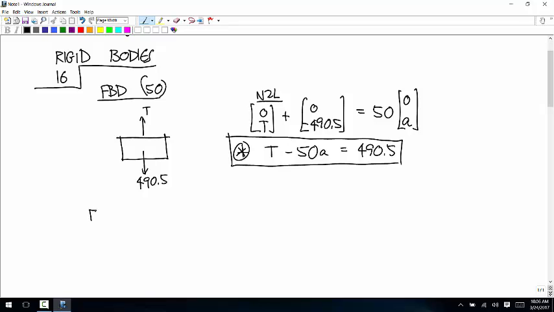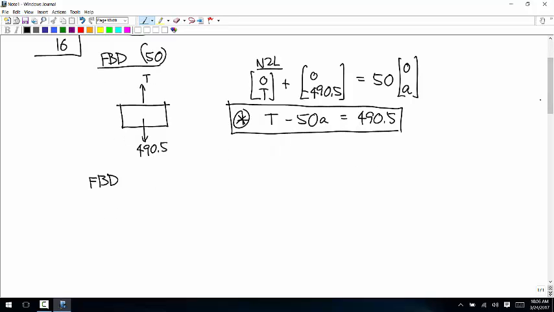Okay, and then free body diagram of the pulley. This one is a rigid body, so let's go through the steps. So first, does the pulley have a fixed point?